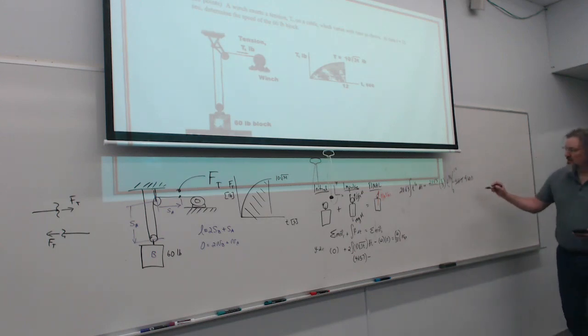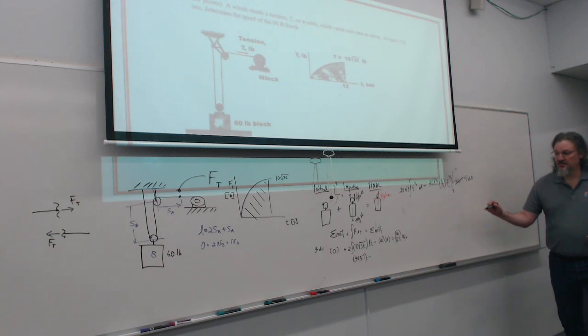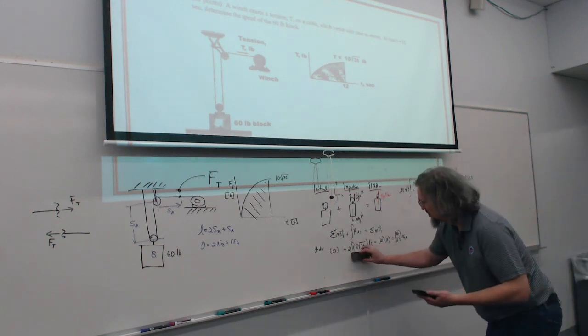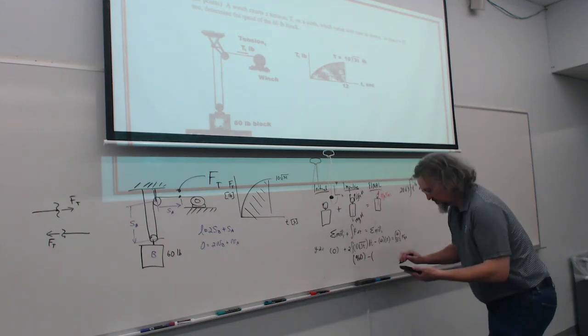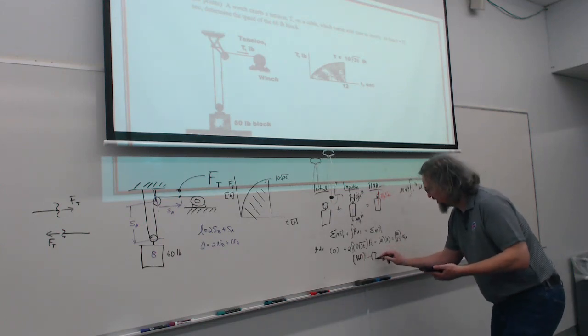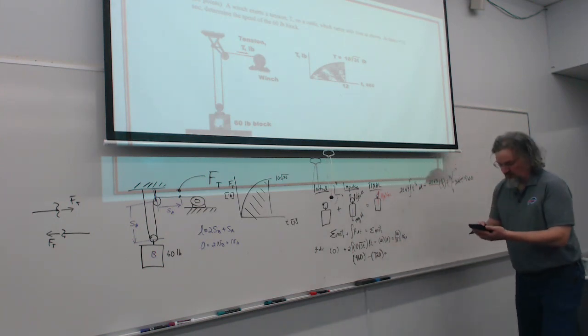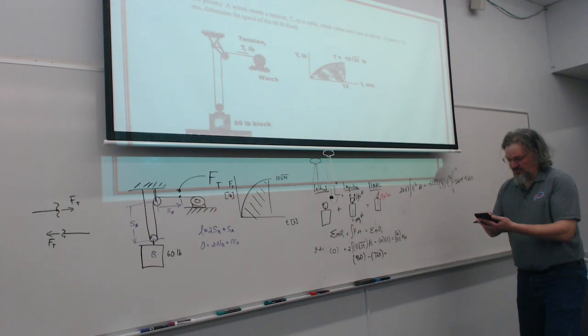Anybody want to challenge my 960? Give me a second, I'll type it into my calculator. It's thinking. How old is your calculator? It's a TI-36, so. Okay, just 960, yeah. Yay for getting something right today.